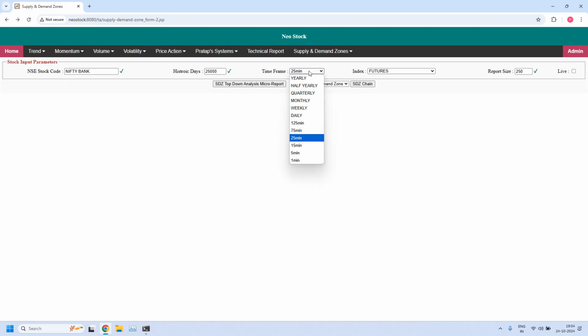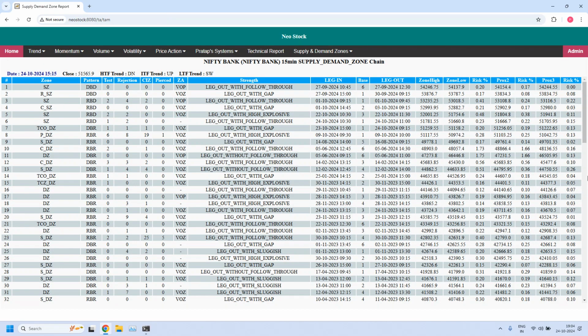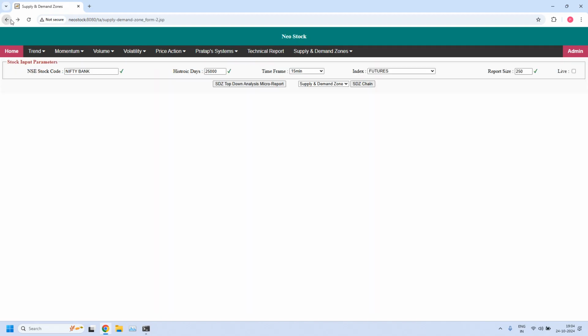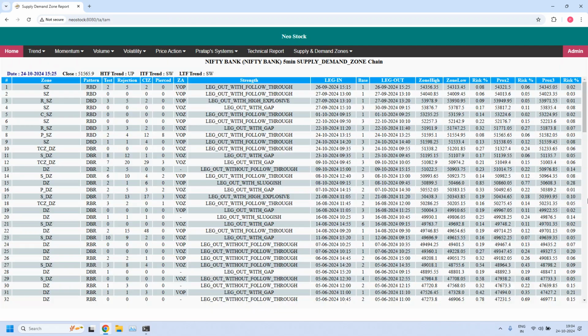Next time frame is 15 minutes, generating the 15 minute supply demand zone chain for BANKNIFTY. Next time frame is 5 minutes, generating the 5 minute supply demand zone chain for BANKNIFTY.